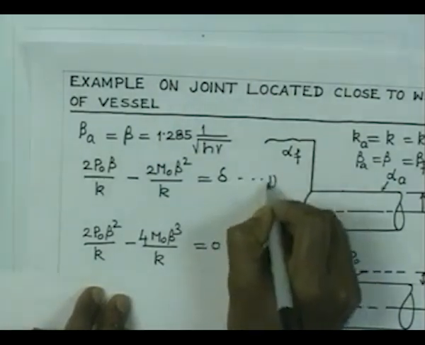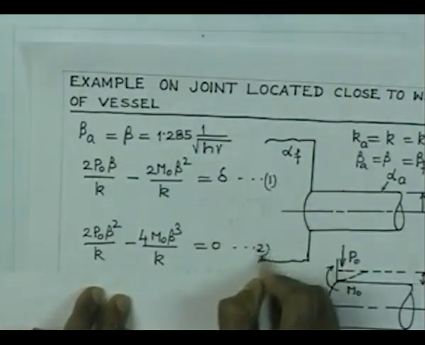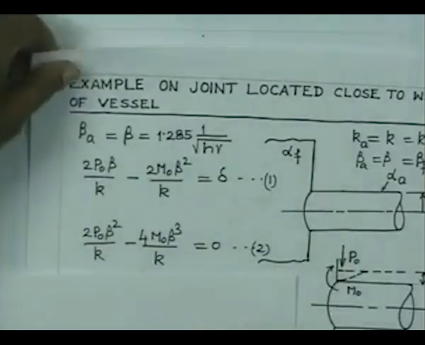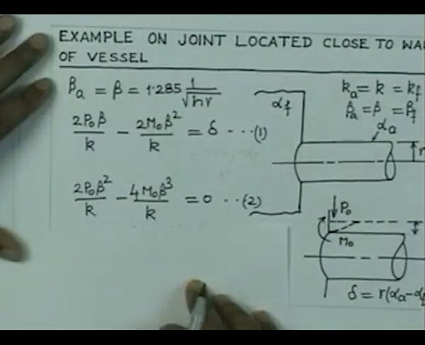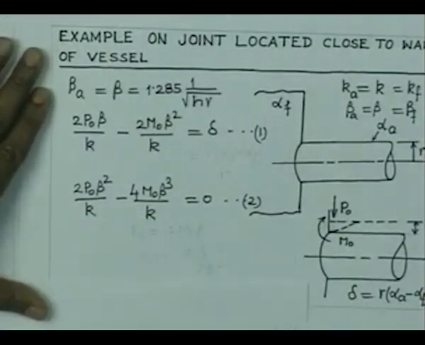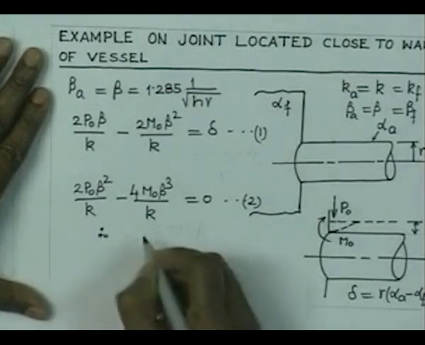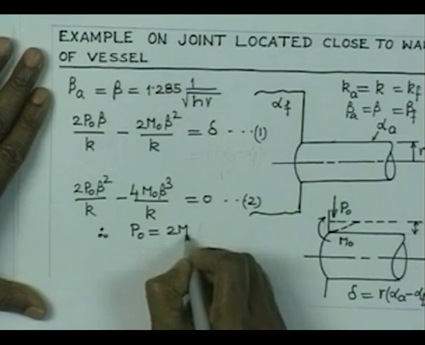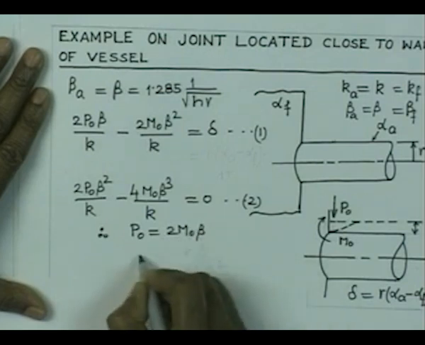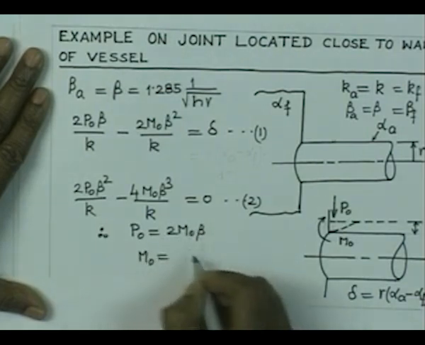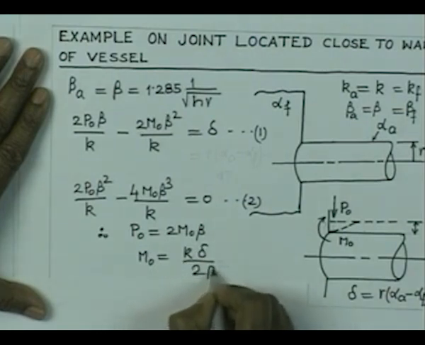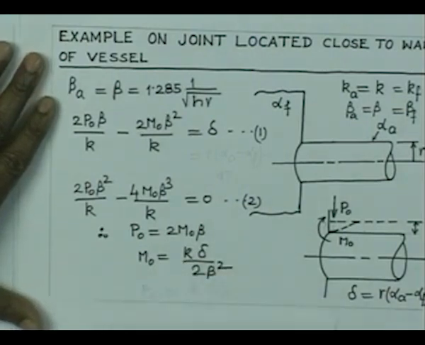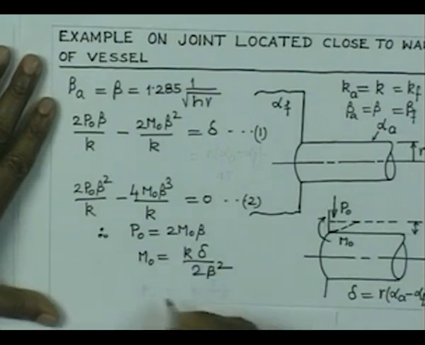So, these two equations are sufficient to help us find the discontinuity forces P0 and M0. Solving this, P0 is equal to twice M0 beta, and M0 is equal to K delta by 2 beta square.